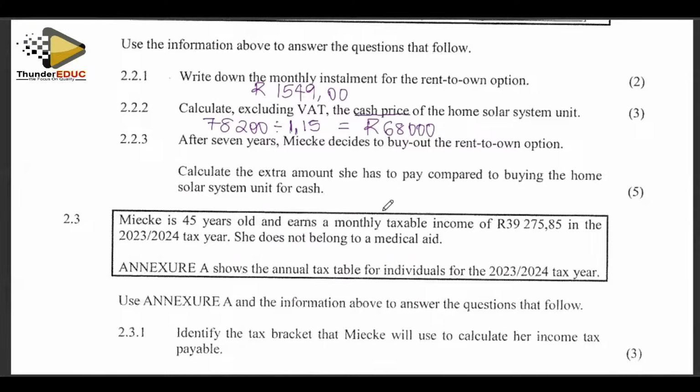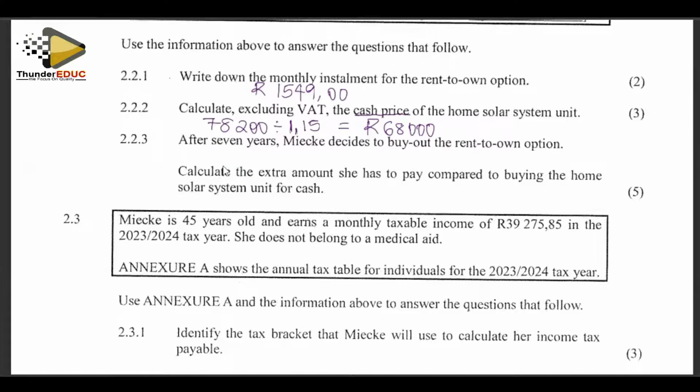Okay, we will go to the other question that says 2.2.3. After 7 years, Maki decided to buy out the rent to own option. Calculate the extra amount she has to pay compared to buying the home solar system unit for cash.